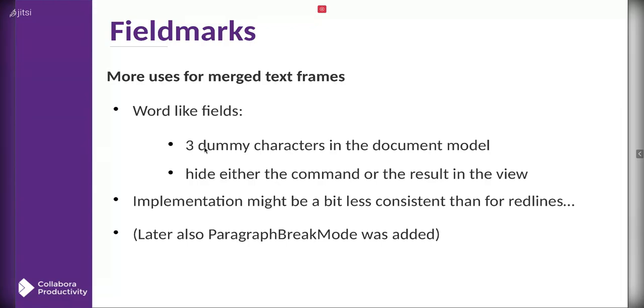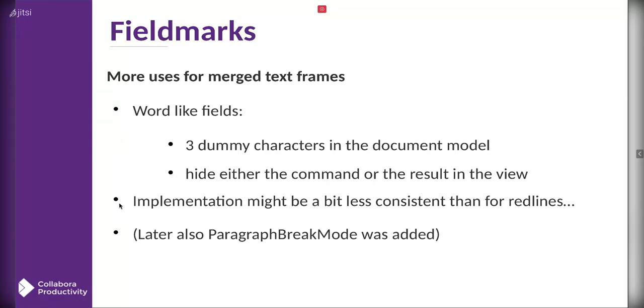This was done in a bit less time than for the deletion red lines, so it's maybe not as consistent as it was for red lines, where we took a lot of time to guarantee that it's producing the same results as the old implementation for hiding red lines. But this is possible now.